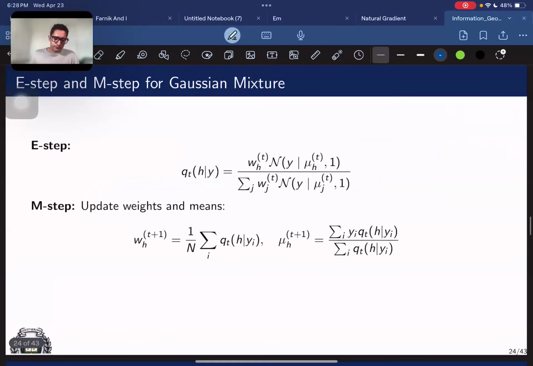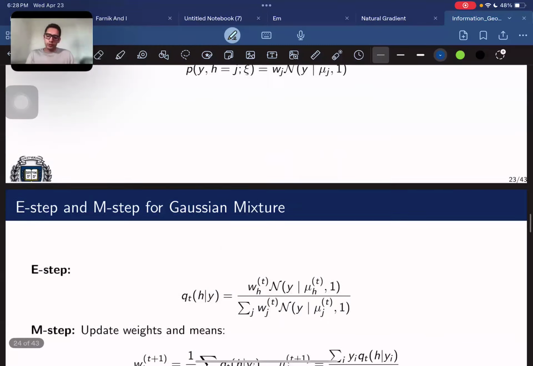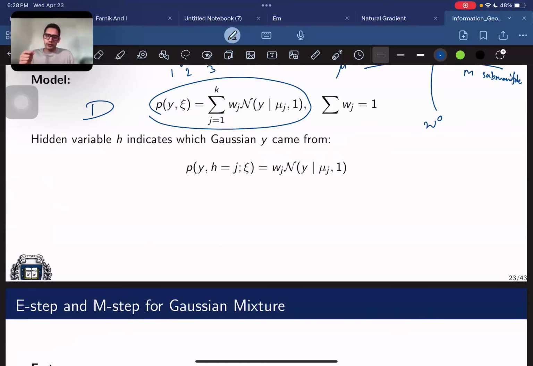Now, at each step, if you remember, we need to start from an arbitrary belief distribution or prior distribution. So we need to specify the Wj's just randomly, such that they sum up to 1. Each data point is coming from one of these distributions, but you start with random initialization.